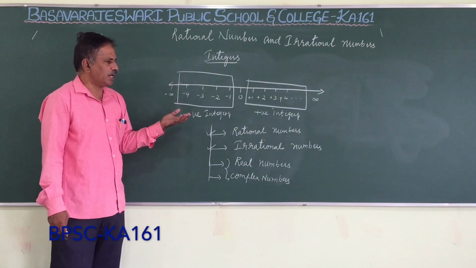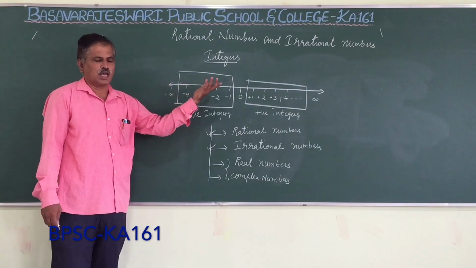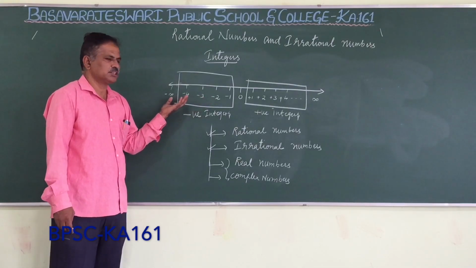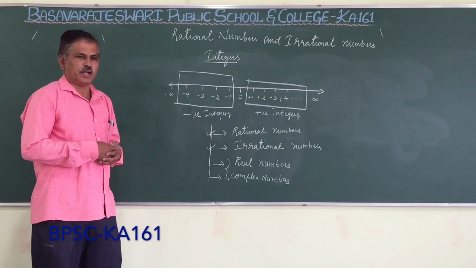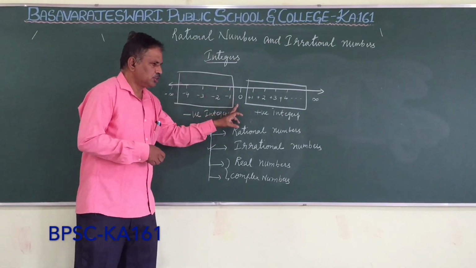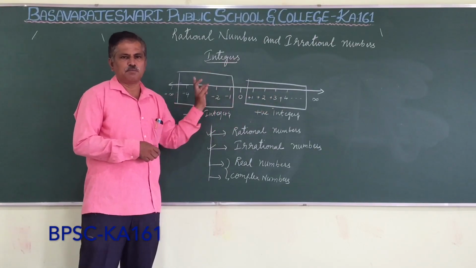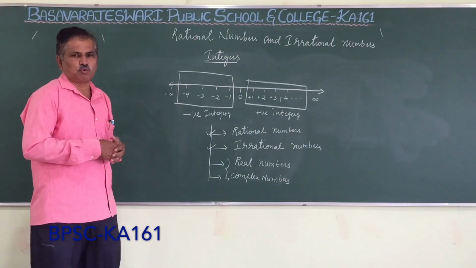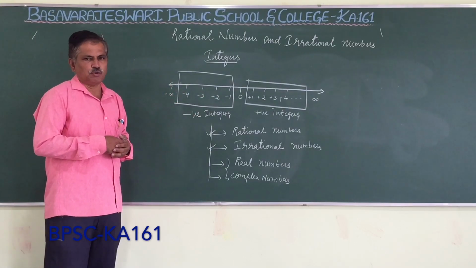Or you can say that +1, +2, +3, +4, all the natural numbers are positive integers, and -1, -2, -3, -4 and so on are called negative integers. So integers are 0, counting numbers, and the mirror image of the counting numbers. And integers are of 2 types: positive integers and negative integers.